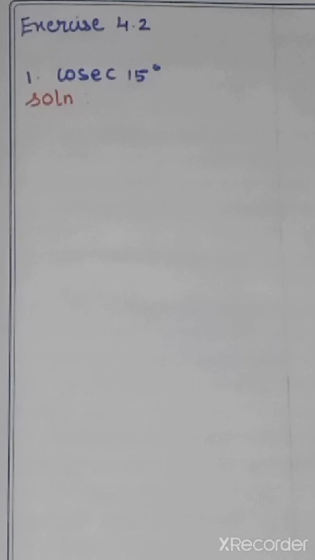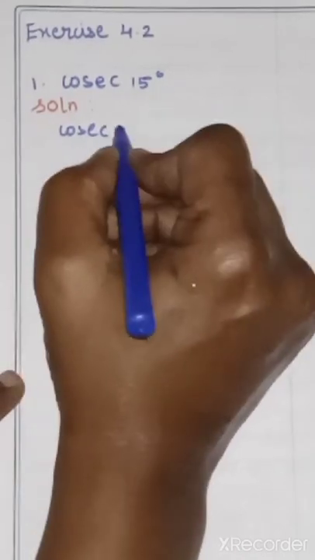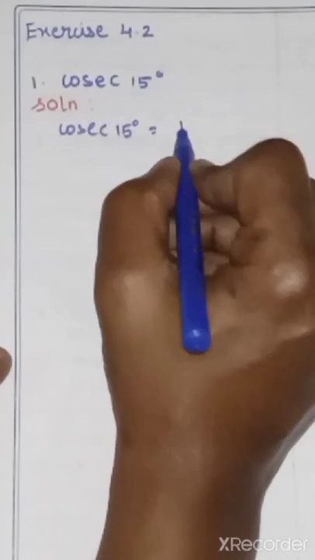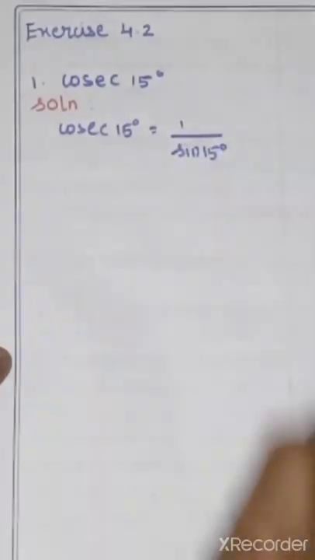So we have to change this cosecant 15 in terms of whatever values we know, and after that we proceed with the problem. Cosecant 15 degree can be taken as 1 by sine 15 degree.